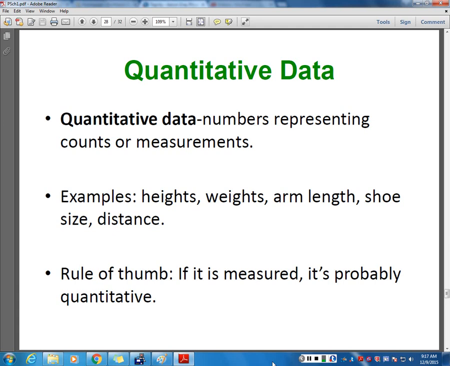Those are all the typical mathy things that we think of. They're all quantities, and they're quantitative data, counts or measurements. Rule of thumb, if it's measured, it's quantitative. If there is a unit of measure involved in that particular data, such as inches or feet or pounds, then it's quantitative. It is measured.